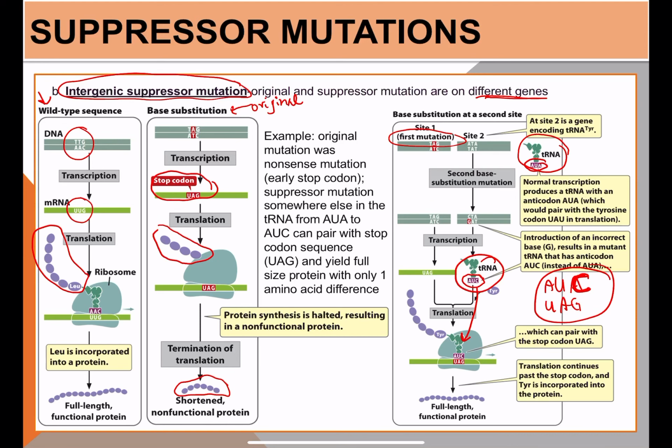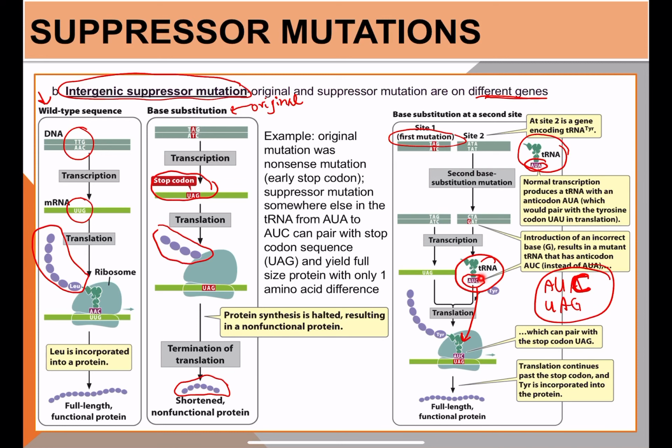Remember that when the translation reaches the stop codon, it's supposed to start the termination process of translation where release factor binds to that stop codon and everything falls apart. Ribosome falls apart, the entire translation apparatus falls apart. But now you have an actual tRNA that brings in amino acid because of this mutation right there in its anticodon sequence.